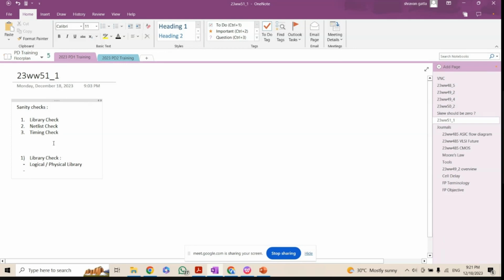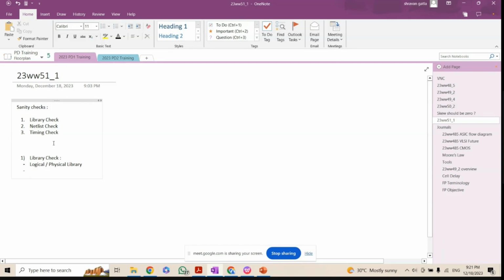Let's say you have a buffer here, maybe an inverter, the schematic view. If you tie this to ground, every time it's zero only, whatever input you give. Let's say you're supposed to get the output as one, and you give this output to some other cell, maybe some AND gate.